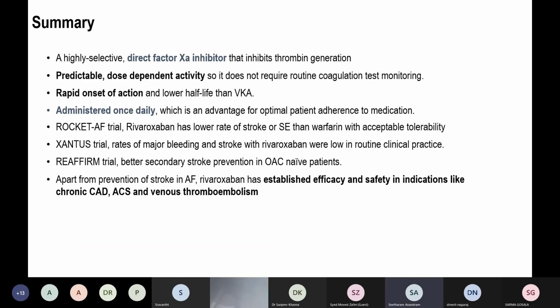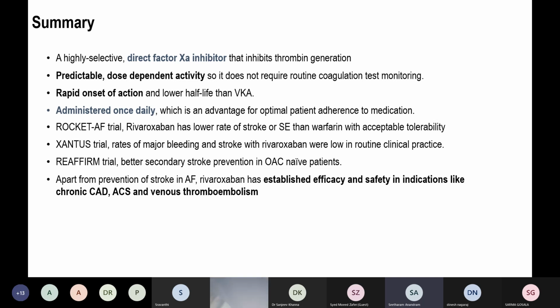Finally, just to summarize, rivaroxaban is a direct factor anti-10A inhibitor. It has a predictable dose-dependent activity, so it does not require any routine coagulation test monitoring. It has a rapid onset of action, and it has the advantage of being administered just once daily.